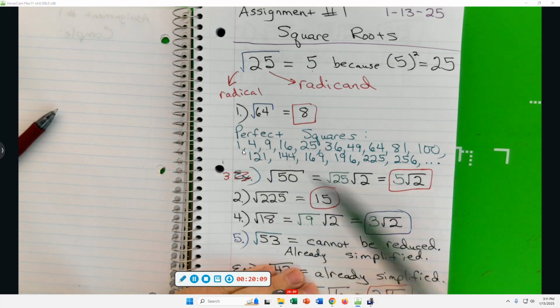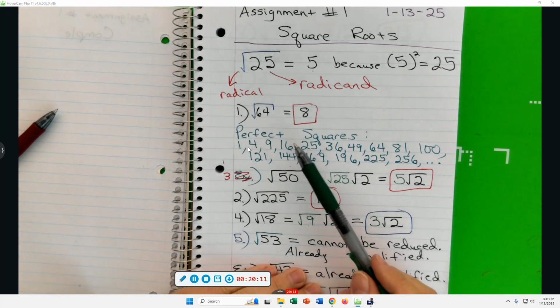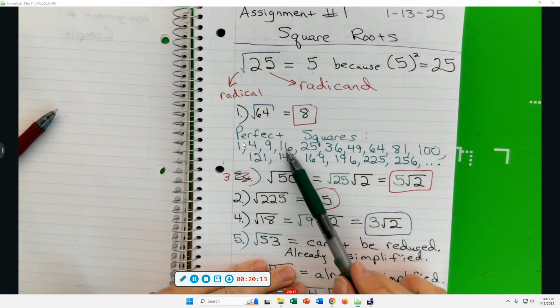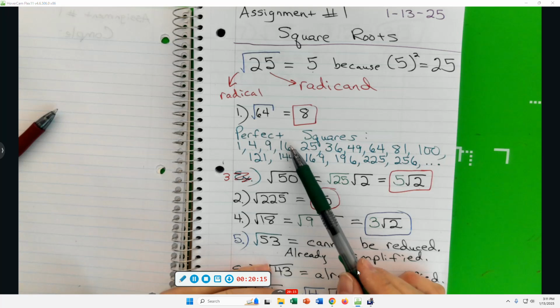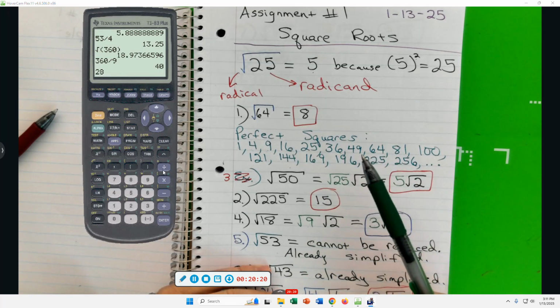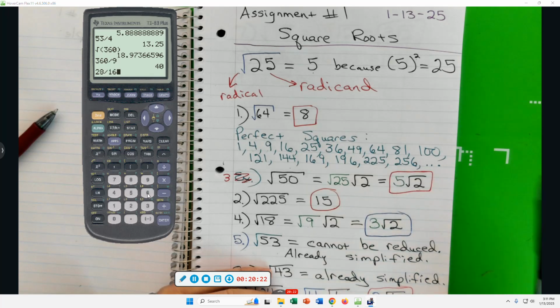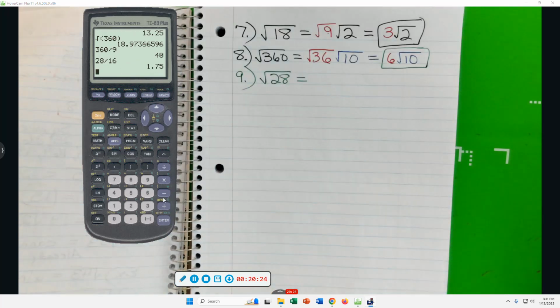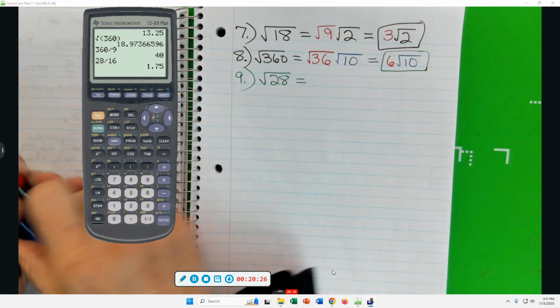I think 4 is the only one that divides evenly other than 1. I heard someone say 16. No, if you divide 28 by 16, you're going to have 1 remainder 12, so you'd have a remainder.